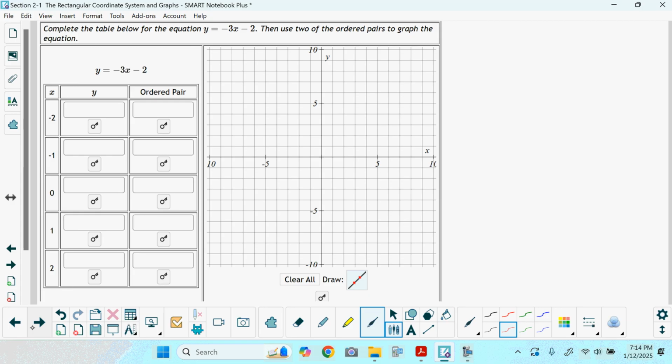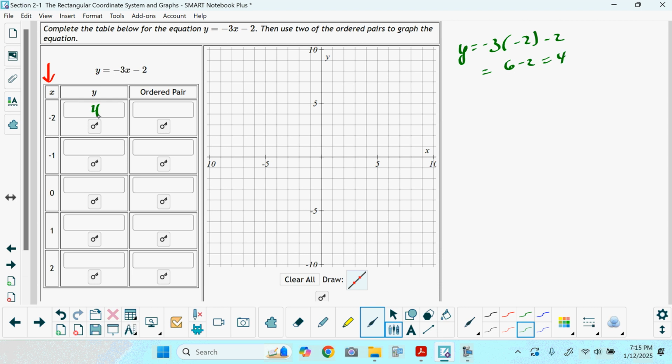All right, so we're going to complete the table for the following equation. They're giving us x values here, and then we'll put the y value that we get, and then we'll put it as an ordered pair, and then we'll plot it. First things first, y equals -3 times -2 minus 2. So that is 6 minus 2, which is 4.